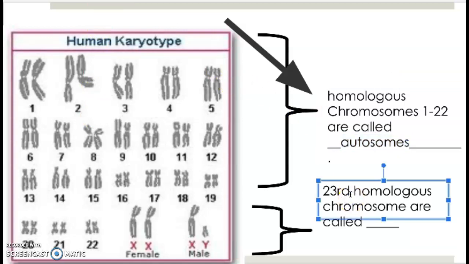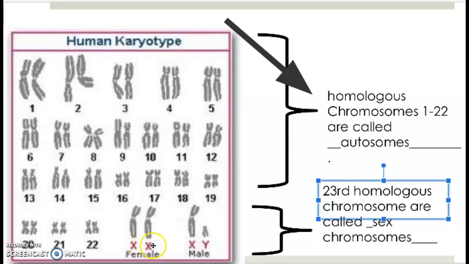And the 23rd pair of chromosomes are your sex chromosomes. So go ahead and fill that in, chromosomes. And these sex chromosomes will tell you whether the baby is going to be male or female. If the sex chromosomes have 2 similar chromosomes of similar height, then it's female.